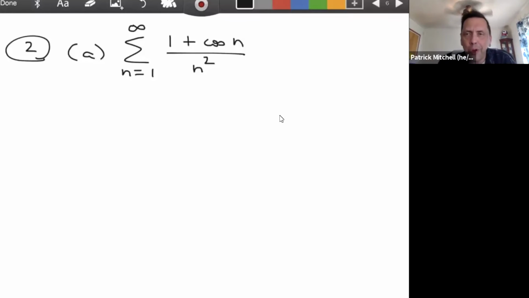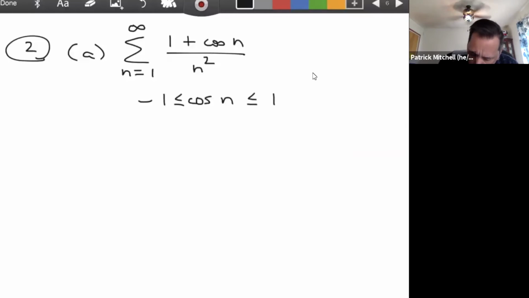For this one, I will use the direct comparison test. So first note, for the direct comparison test, both of the series you're using, the given one and the one you're comparing it to, both have to have positive terms, at least eventually. All right, so as we've noted many times, cosine of n is between -1 and 1.